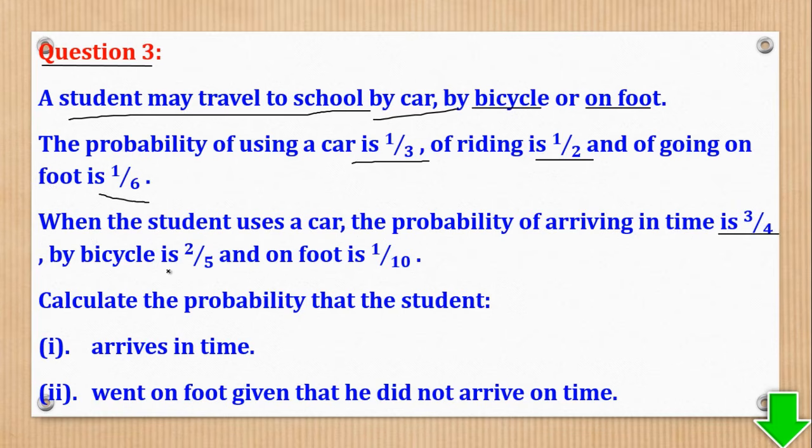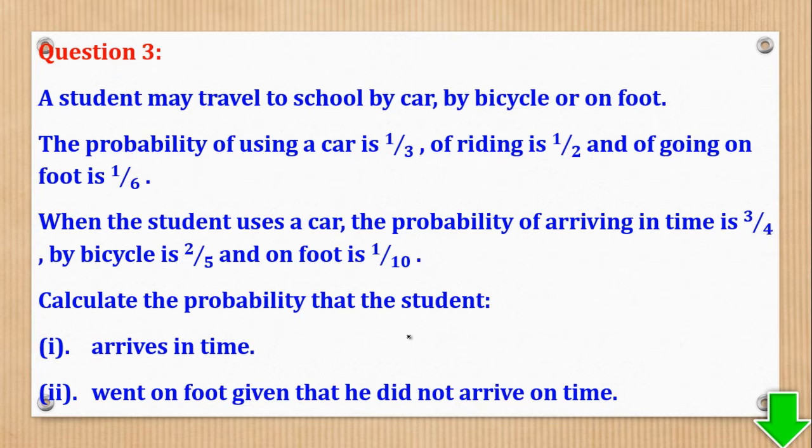Arriving in time when he uses a bicycle is 2/5, and arriving on time when he's on foot is 1/10. Calculate the probability that the student, Roman 1, arrives in time, and Roman 2, went on foot given that he did not arrive on time. So let's start with Roman 1.